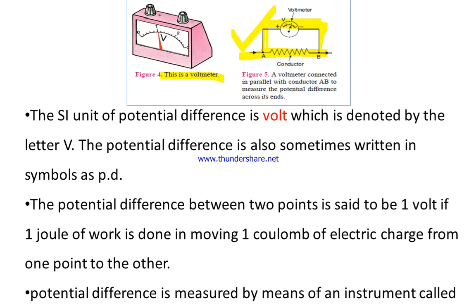Again, you will understand the reason in the further discussion of resistance. Some more points: the SI unit is volt, which was already discussed. And sometimes in questions you will see the potential difference written as P.D., that is PD. This is again the definition of the work done that we have already discussed.